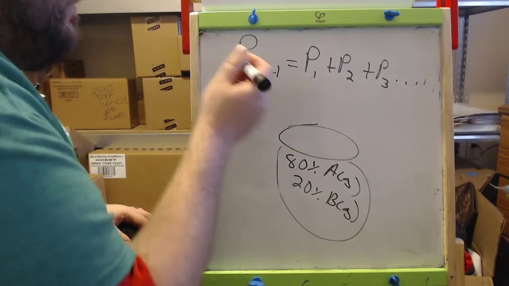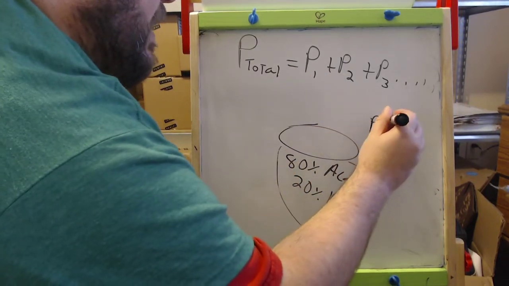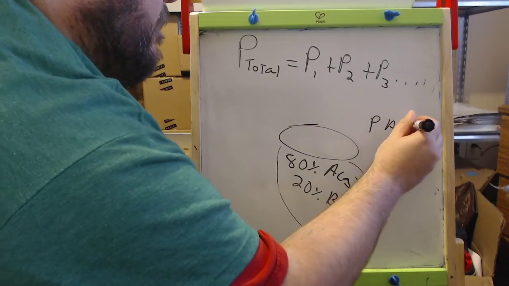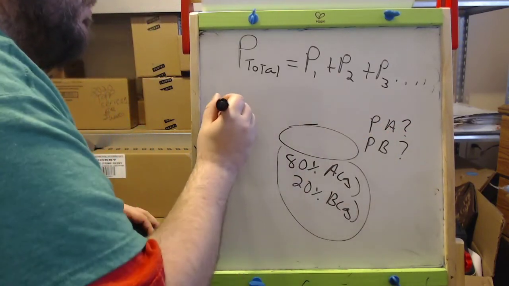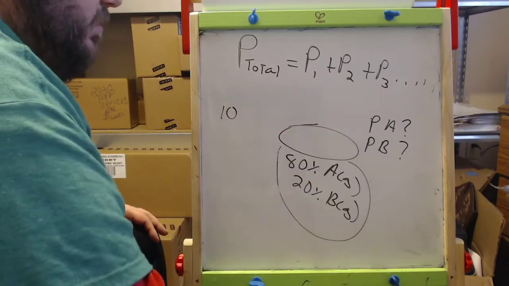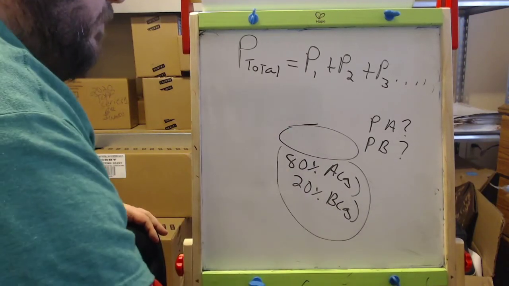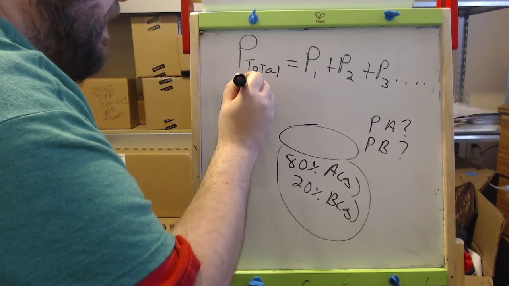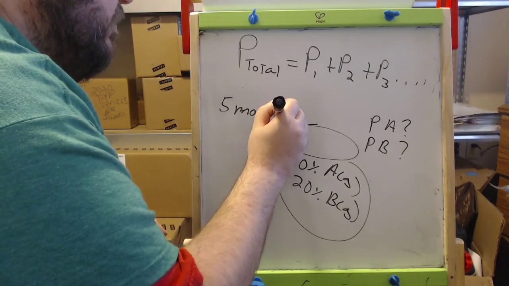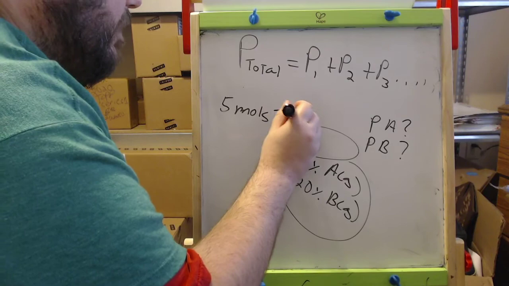So what if I said to you this? What is the pressure of A and the pressure of B in this situation? I have 5 moles of gas, 5 moles total.